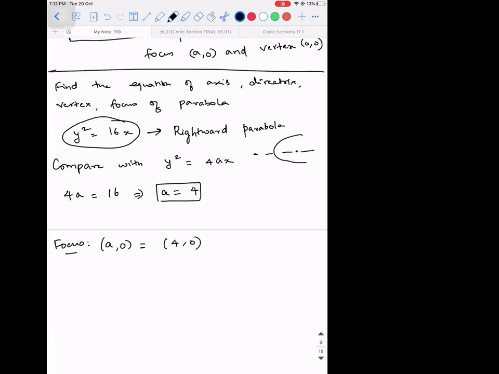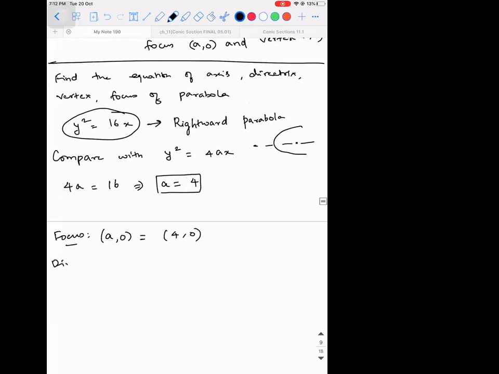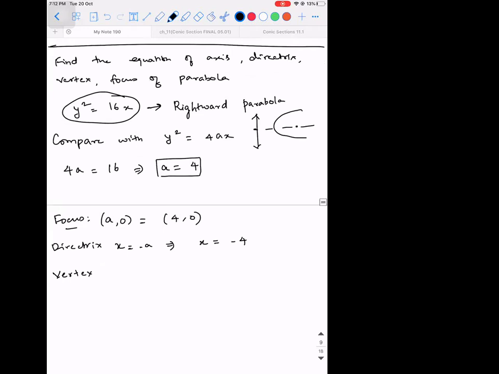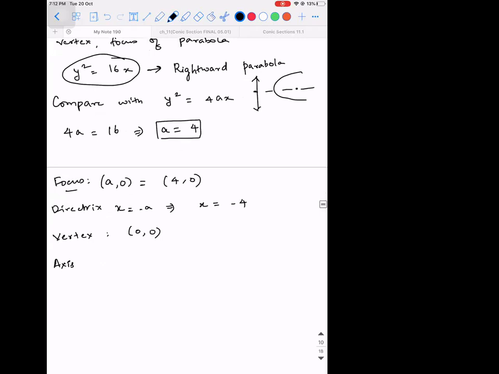I hope it is clear. Similarly, what is the directrix? x is equal to minus a, which implies x is equal to minus 4. Clear? What is the vertex? Vertex by default is (0, 0).